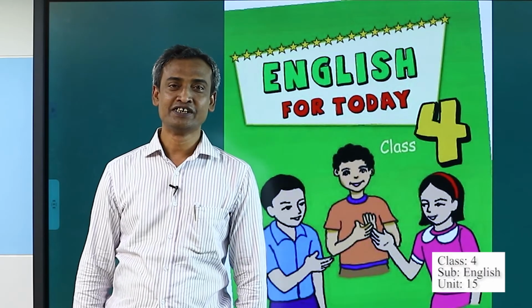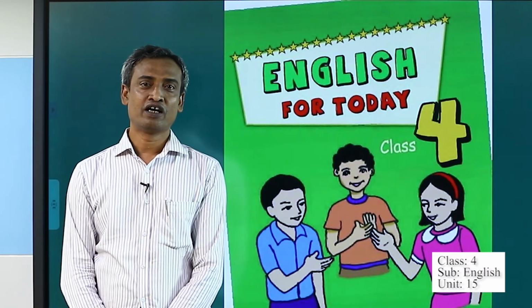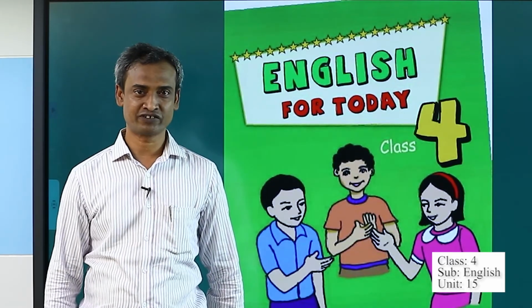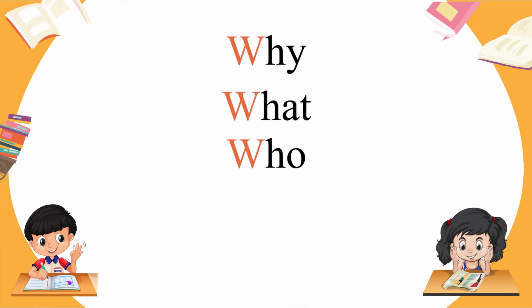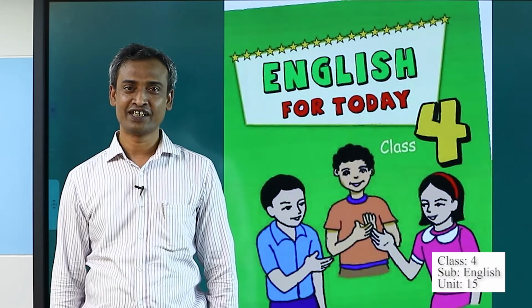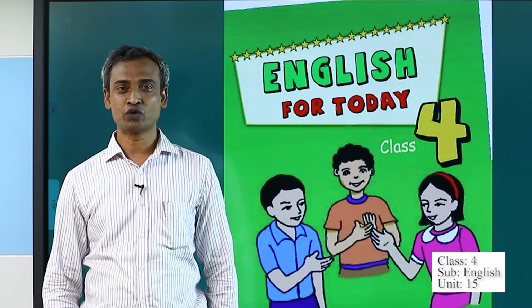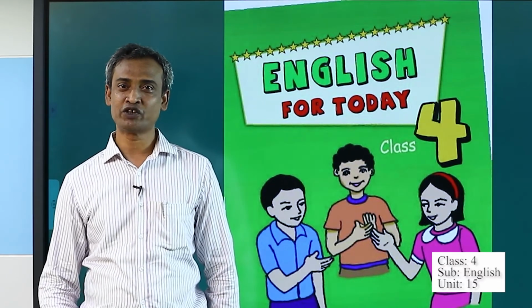Thank you. Students, you have already known how to use questions in your previous lessons like why, what, who, how, where, isn't it? Okay. Today we will learn how to make WH questions using WH words.